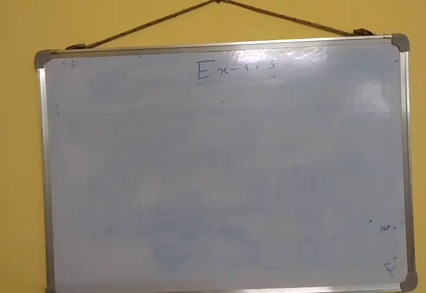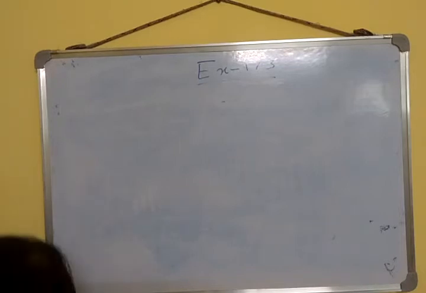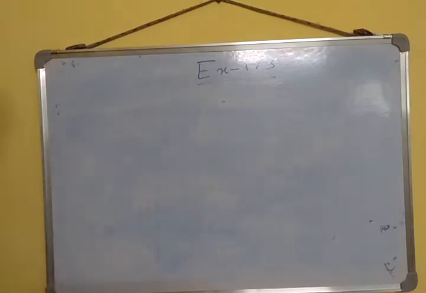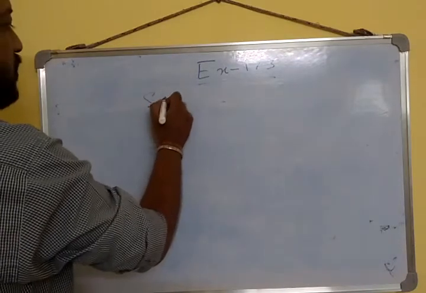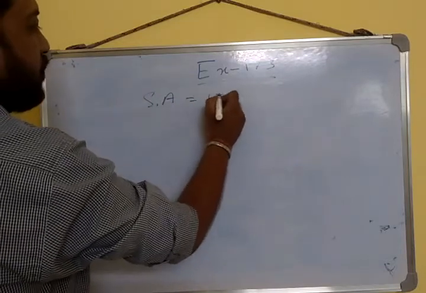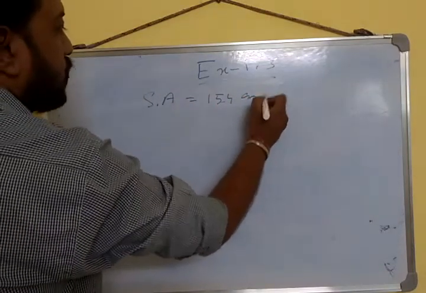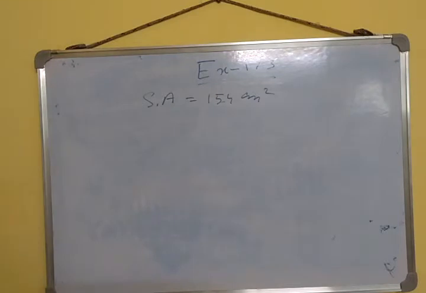So it's a very simple one. First of all, what is given? Surface area, 154 centimeters square. And what am I going to find out? I am going to find out the diameter.